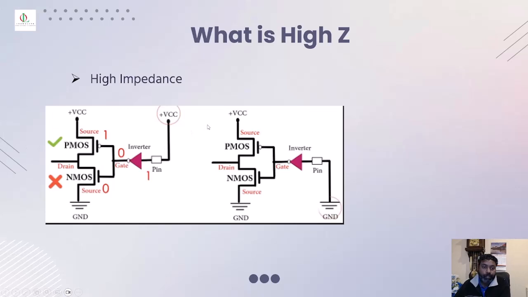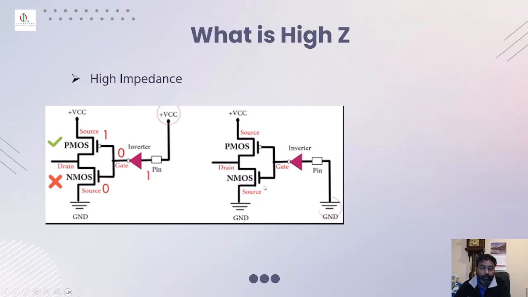What is high impedance? As we were saying earlier, if the input pin is connected as 1, PMOS gets activated, and whatever value is there, PMOS will be in operation. NMOS will be off, so NMOS won't be in operation. Whereas if the pin is connected to the ground, NMOS only works when there is a 0.